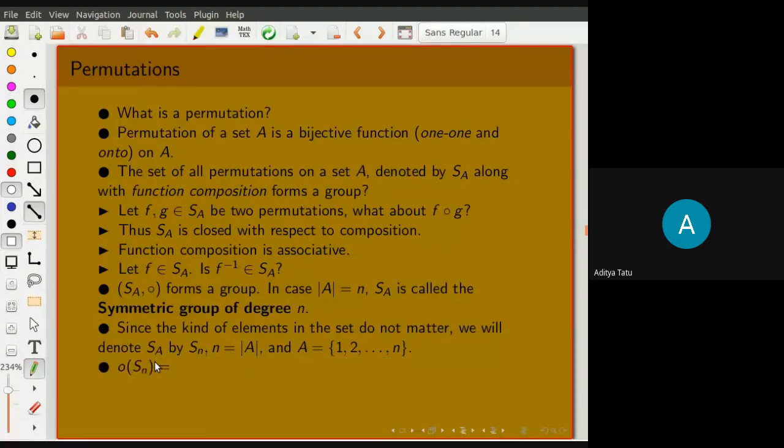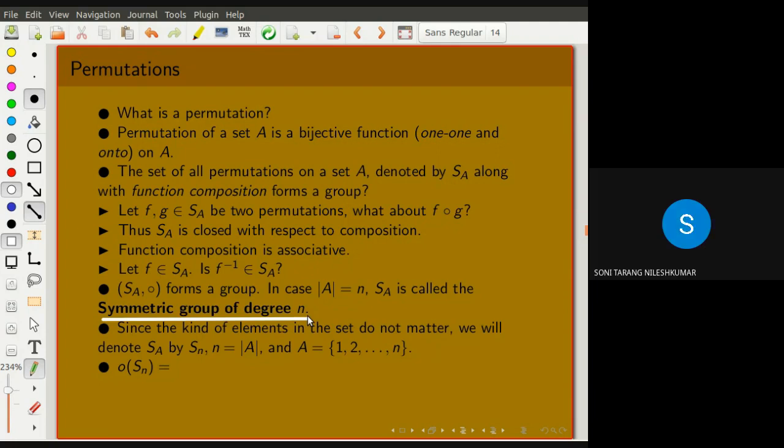Sir, here S_A with composition is a symmetric group in the sense that the relation of composition is symmetric? No. There's nothing to do with commutativity or anything. It's just a name, symmetry group of degree n.